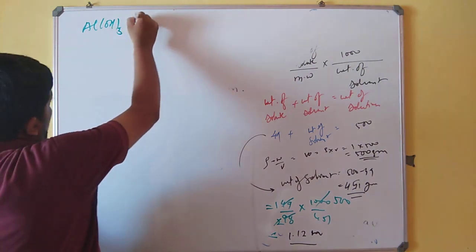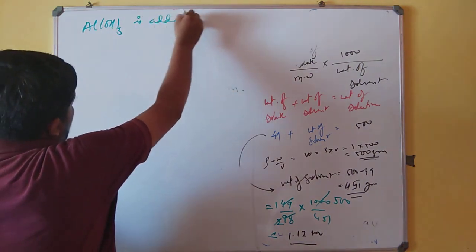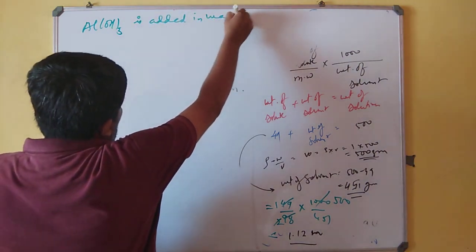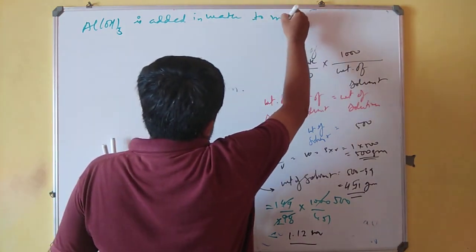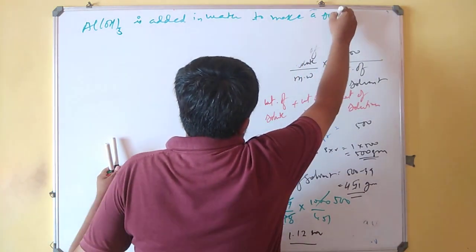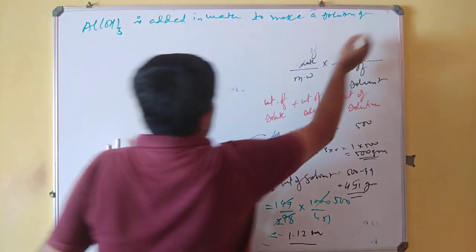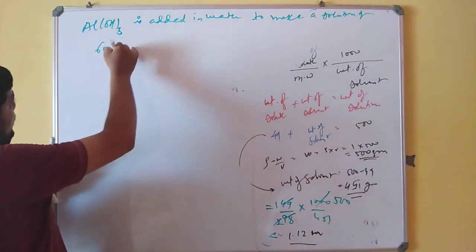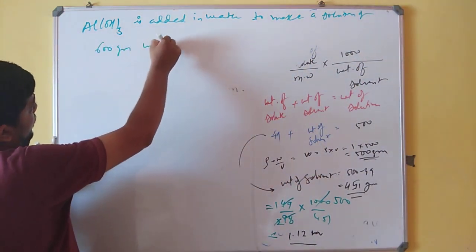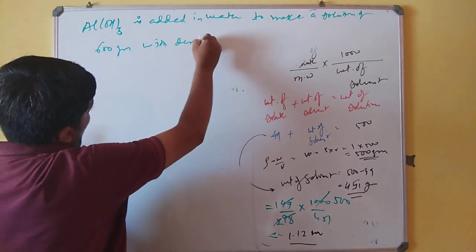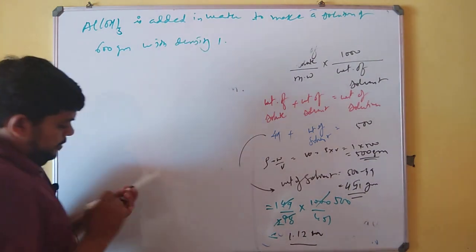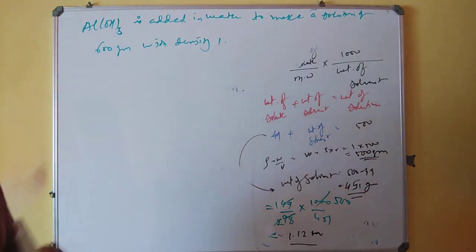Al(OH)3 is added in water to make a solution of 600 gram with density 1. Now what quantity of aluminum hydroxide?